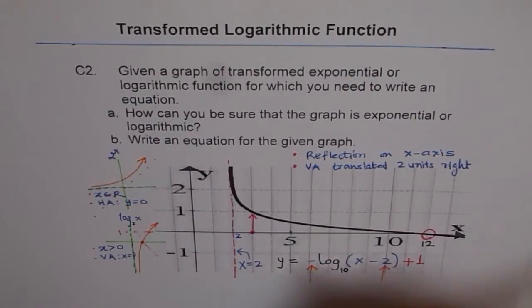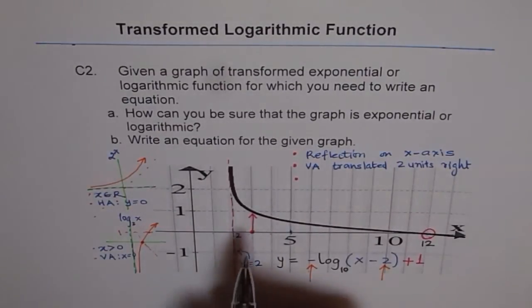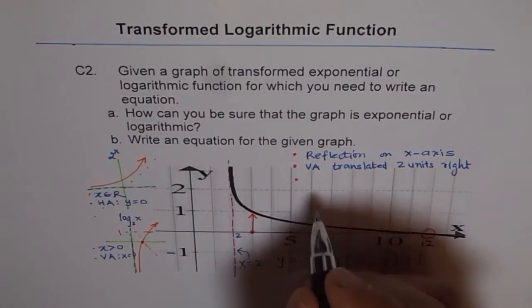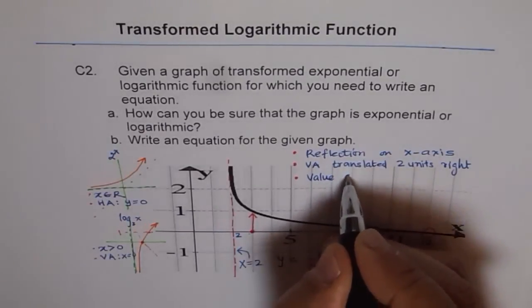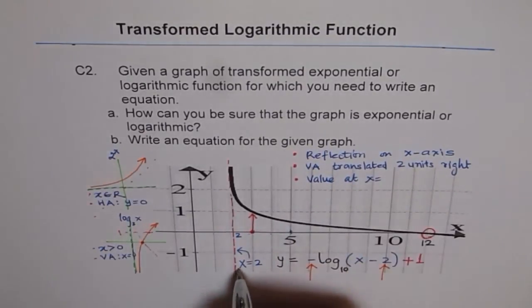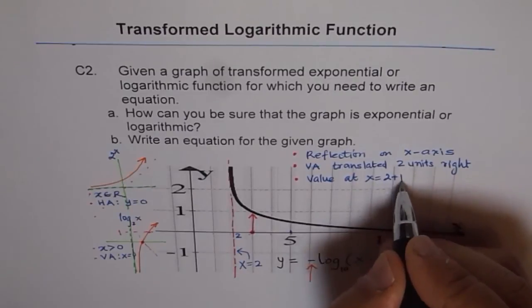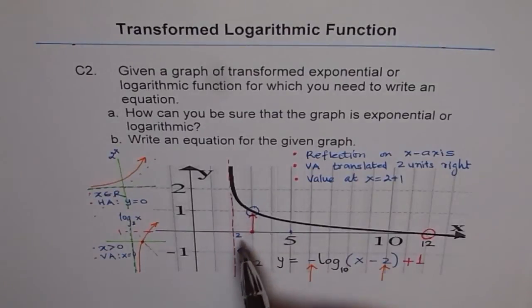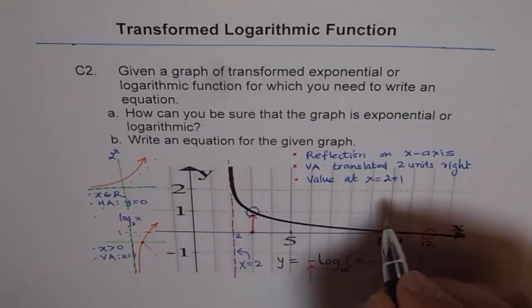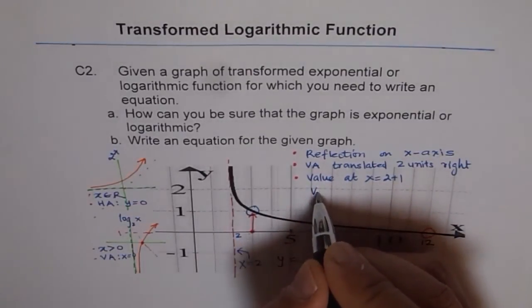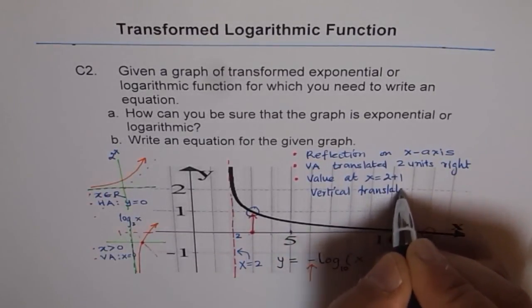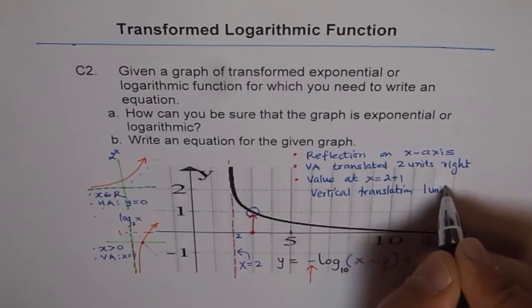And then we checked the value where it was 1 unit away from the vertical asymptote. That was at x equals 2, so we checked the value at x equals 2 plus 1, which is 3. And we found that was 1. But we should expect that to be the x-intercept. It was not the x-intercept, so that gave us a result that there is a vertical translation of 1 unit up.